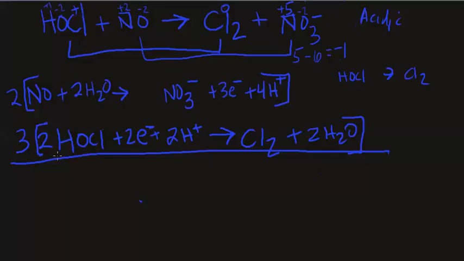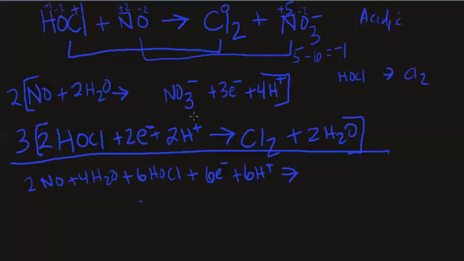So we're going to end up with 2 nitrogen monoxides plus 4 waters plus 6 hypochlorous plus 6 electrons plus 3 times 2, 6 hydrogens.